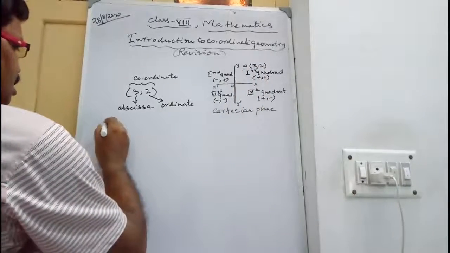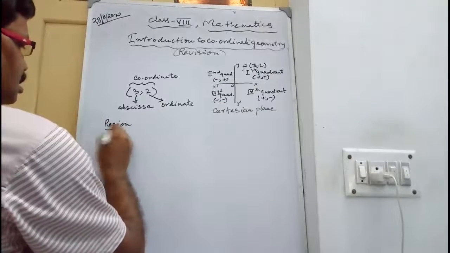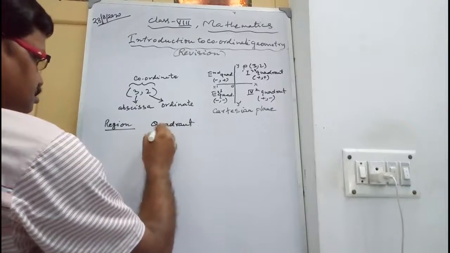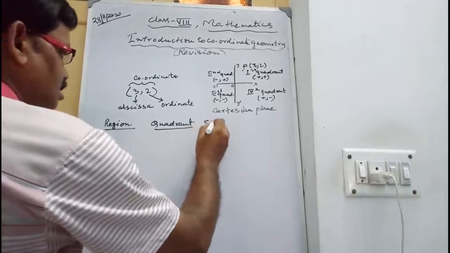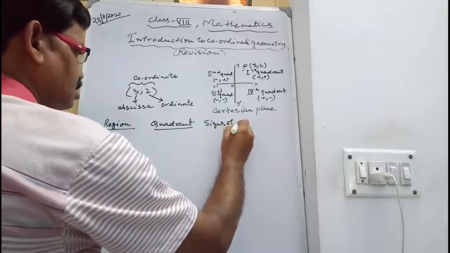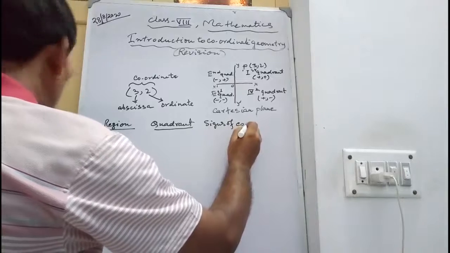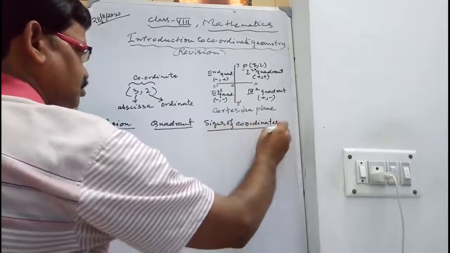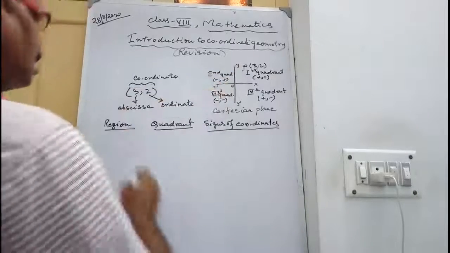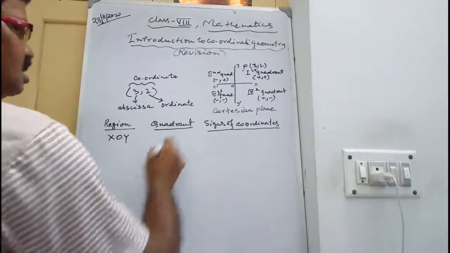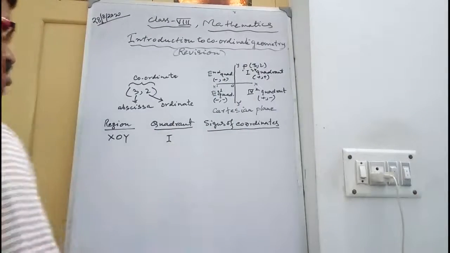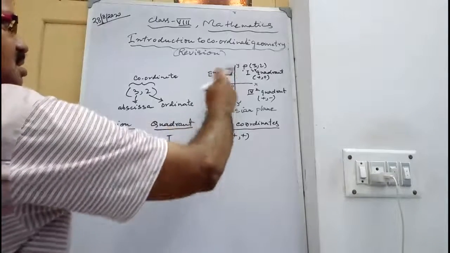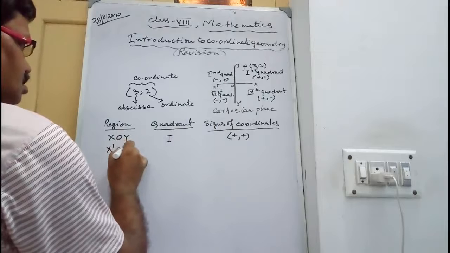So if you divide that, region XOY, quadrant first, where both are plus. Second region is X dash OY.